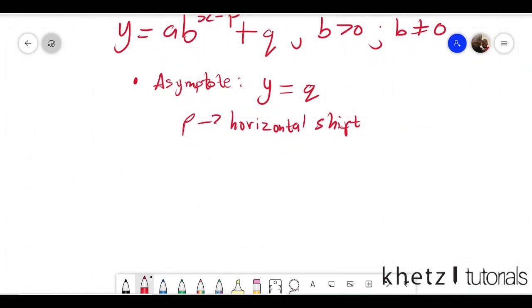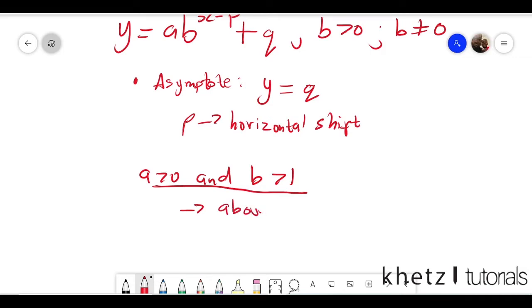If we have a greater than 0 and b greater than 1, you expect your graph to be above the asymptote. So for all values of a greater than 0, you expect your graph to be above the asymptote.